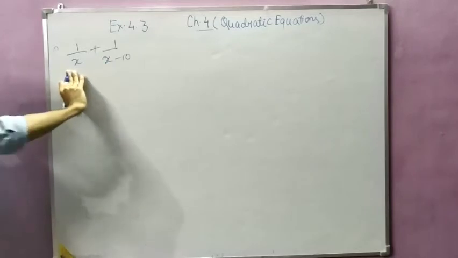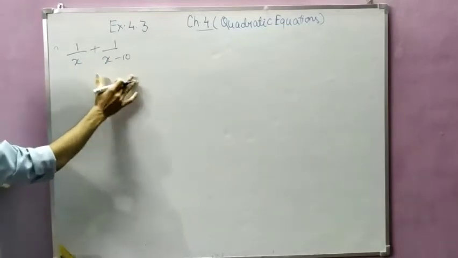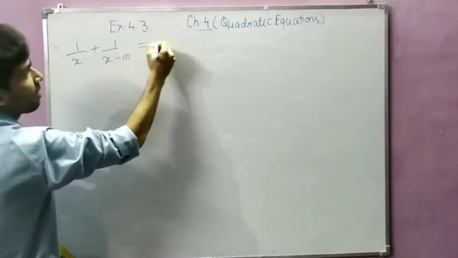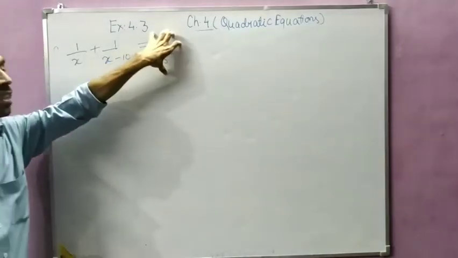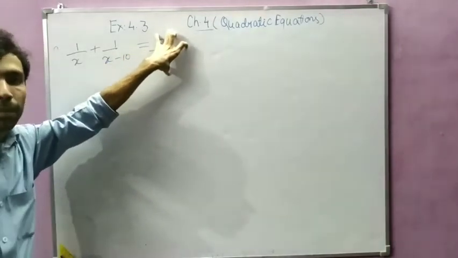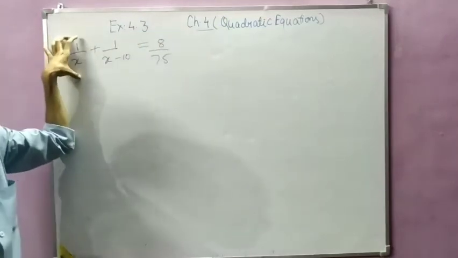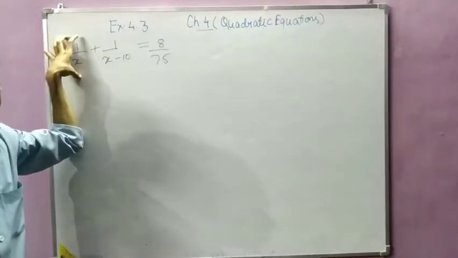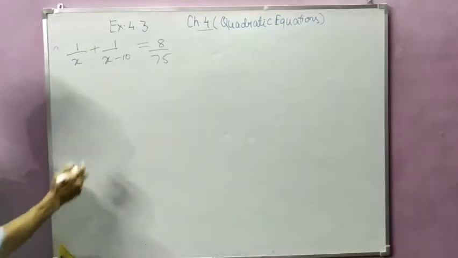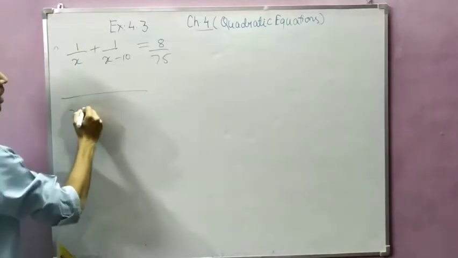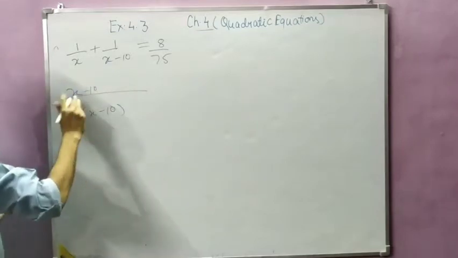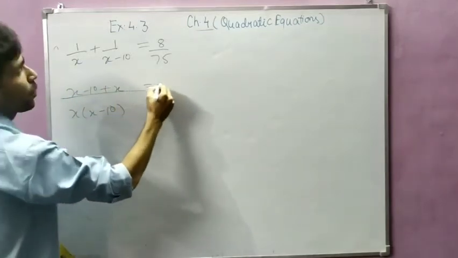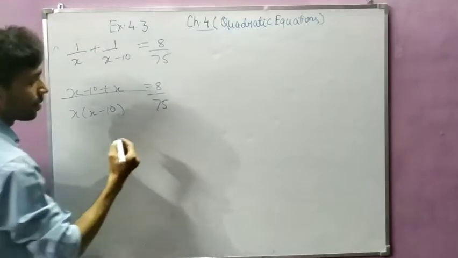These are the work of 1 hour of smaller and larger tap, and when both are added, that will be equal to 8 by 75, because this is the 1 hour work of both taps, which is equal to the 1 hour work of smaller and larger tap together. Okay, now solve it, take the LCM, so it will come x into x minus 10. Now x minus 10 will come here, plus x will be equal to 8 by 75.